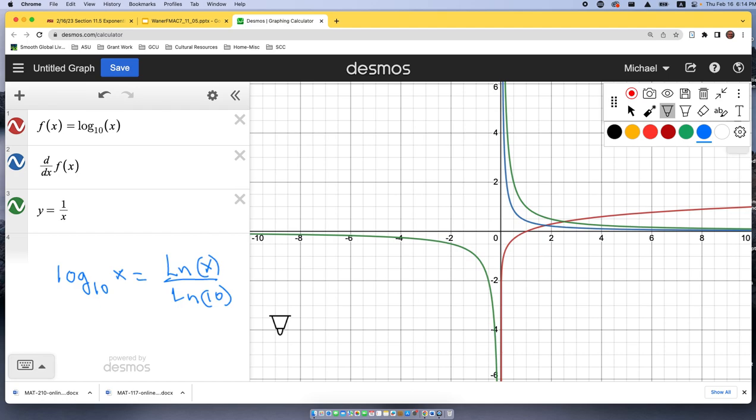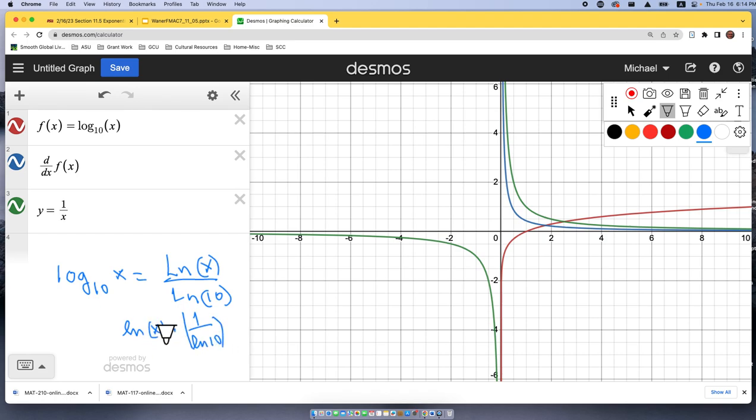Natural log of 10 is what? It's a decimal number, not a very beautiful number, but it's a constant. So I can think of this as being the natural log of x times 1 over the natural log of 10, which is a constant.